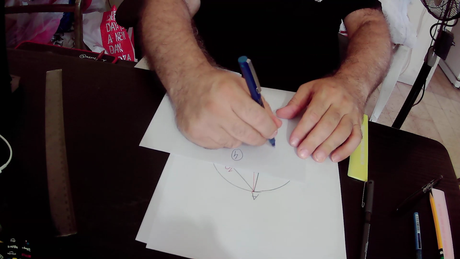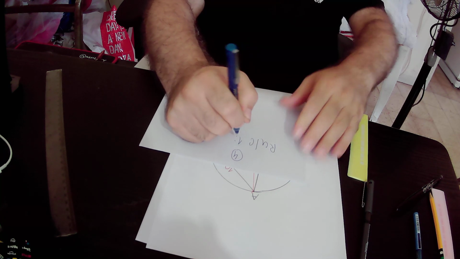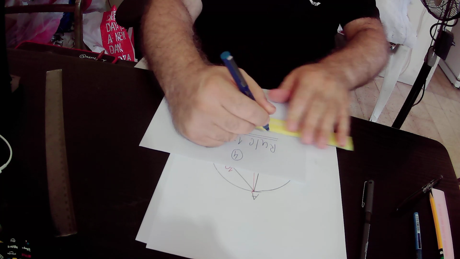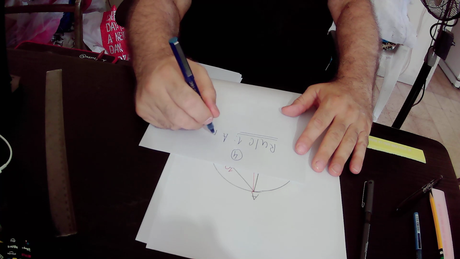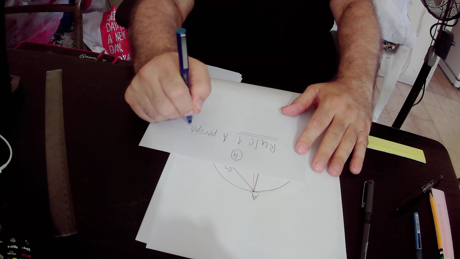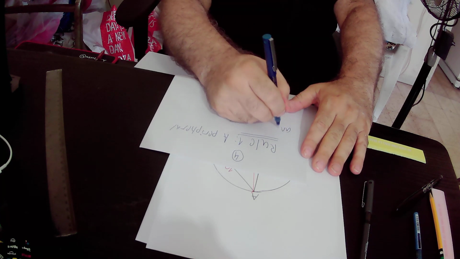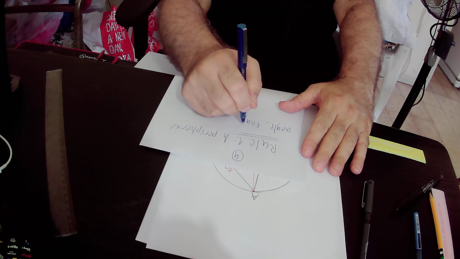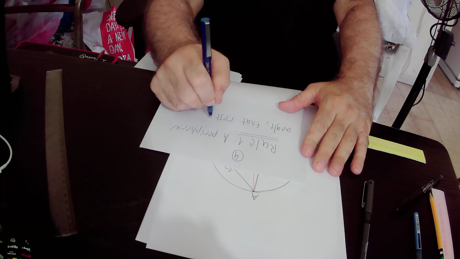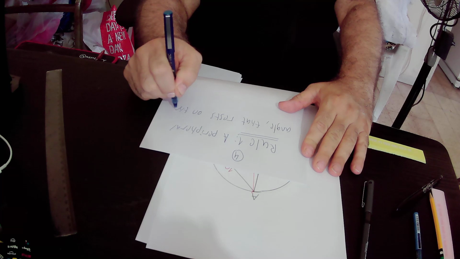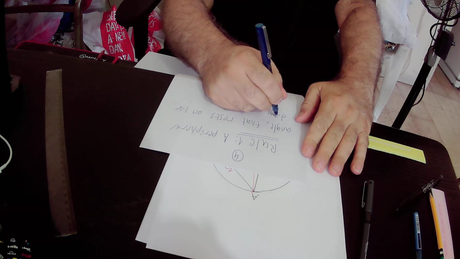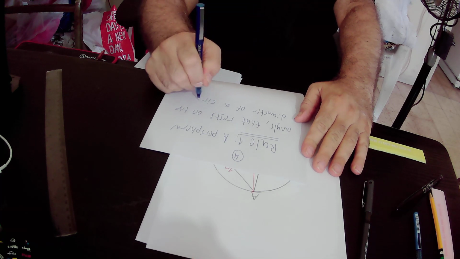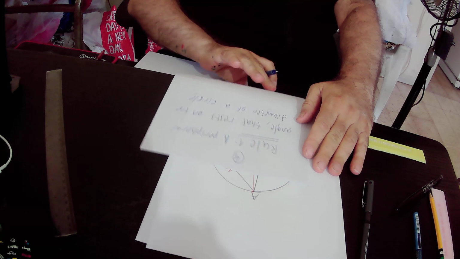Rule number 1 states that a peripheral angle that rests on the diameter of a circle equals 90 degrees.